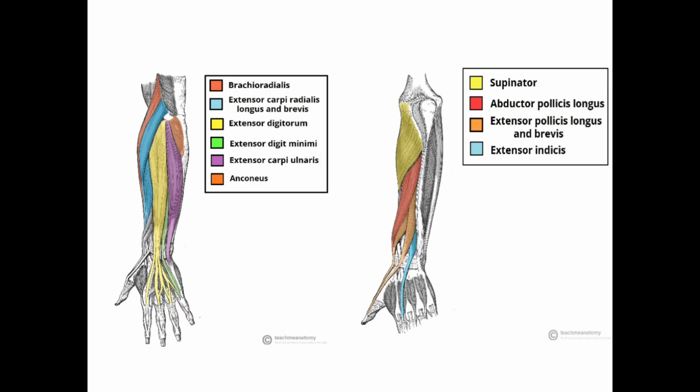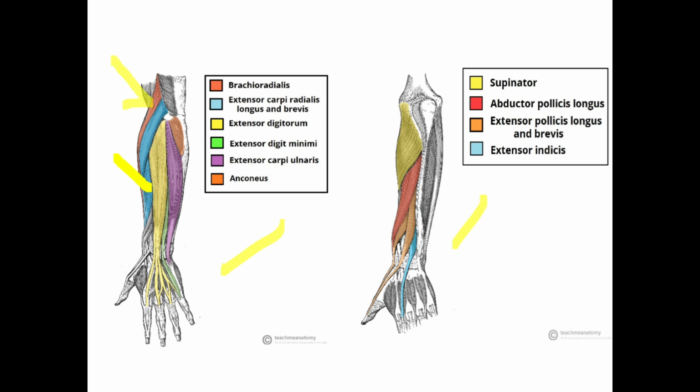So this is the deep group and the superficial group. Actually, this is the lateral, this is your brachioradialis and this is your extensor carpi radialis longus. Those are the lateral compartment. The posterior will start right here.